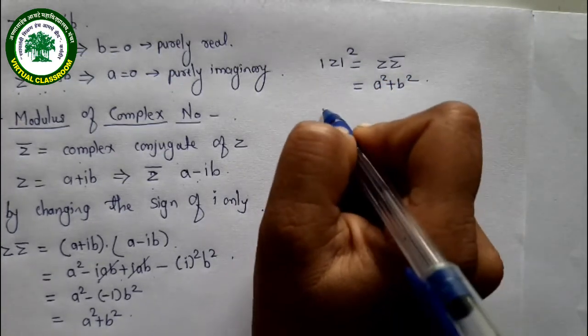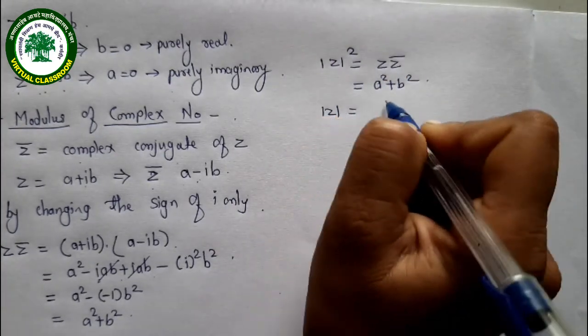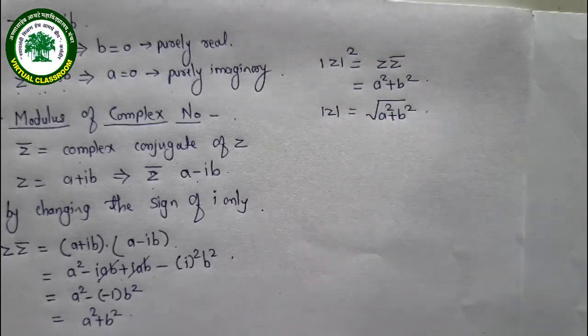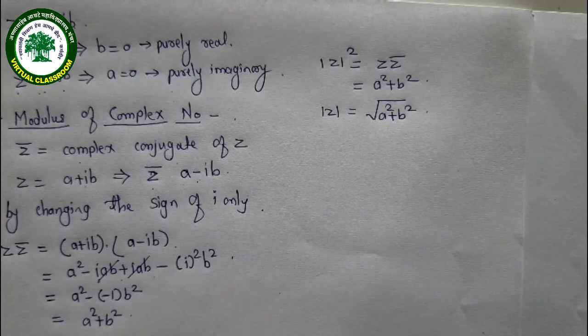If we consider only mod z, then we have the square root of a squared plus b squared.